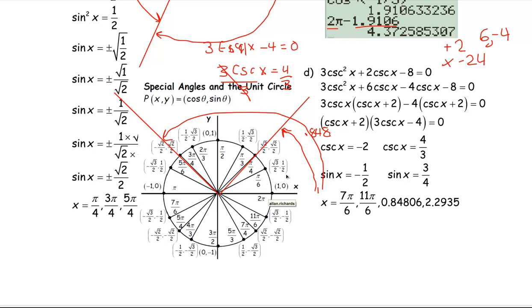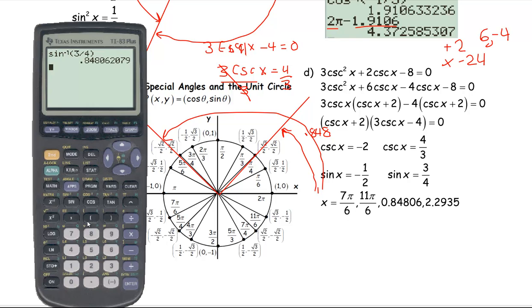So if I want to know this one around to here, it's actually pi minus that bit. So if we take our calculator and go pi minus that 0.848, that's where we get 2.2935. Okay, so that's where the last solution from the sine x equals 3/4 would come from.